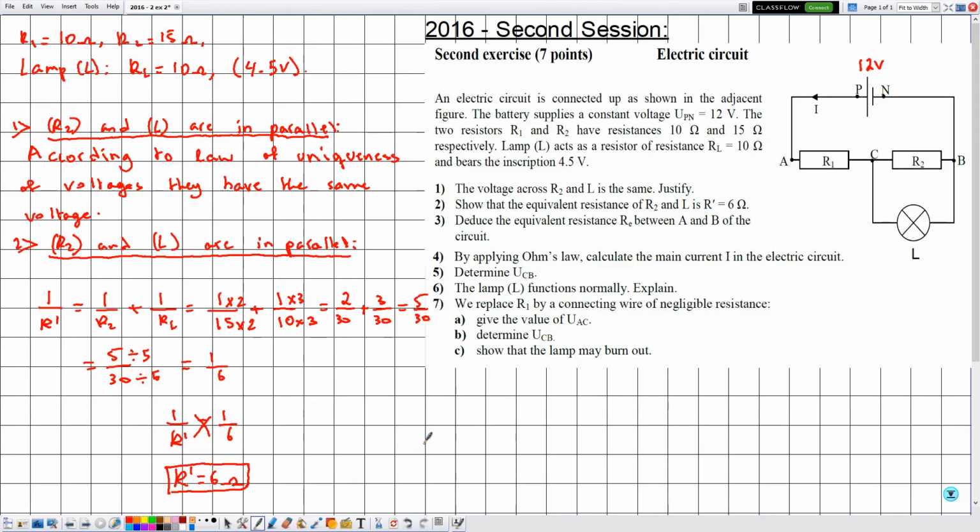And always whenever we determine an equivalent resistance across 2 points in an electric circuit, we redraw the figure containing the new equivalent resistance. So this is the battery, this is the resistor R1, and the equivalent resistance R prime replaces the two electric components R2 and L across the points C and B. So this is R prime.